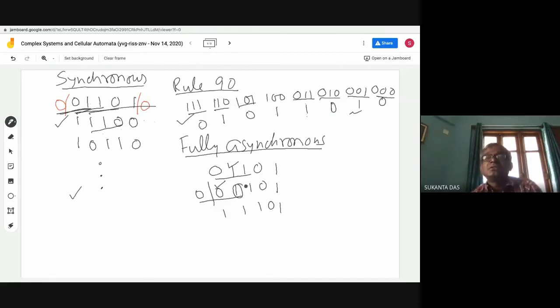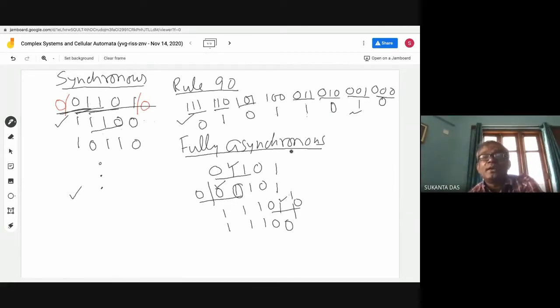Now I can write one more step. If I consider this cell selected, it is 0 1, and here is 0 because of null boundary condition. The rest of the cells will remain the same, 1 1 1 0, and 0 1 0 is 0, it will be 0 in this way, right? So therefore you can get this one.